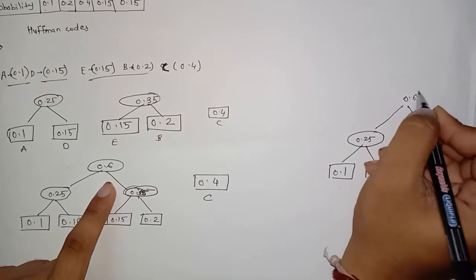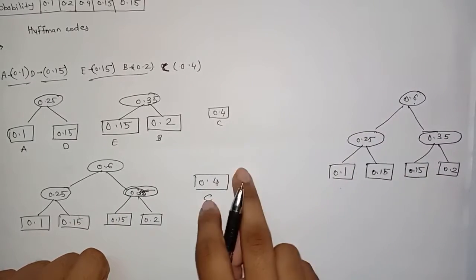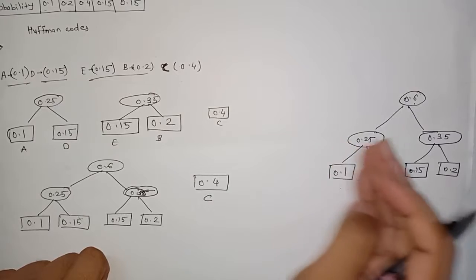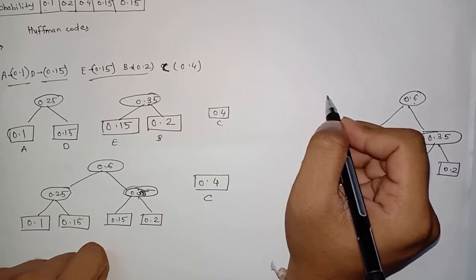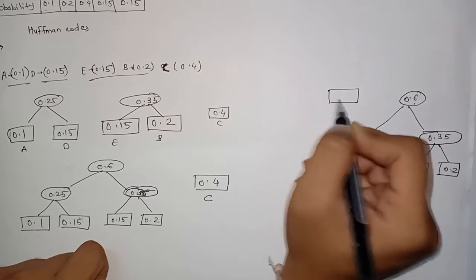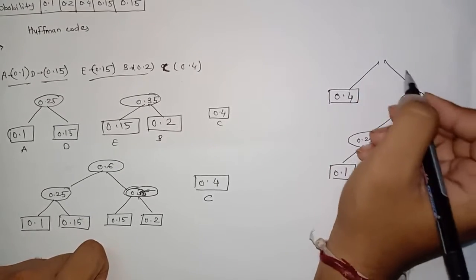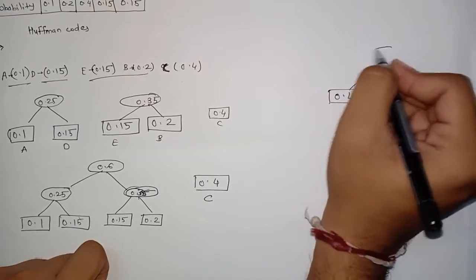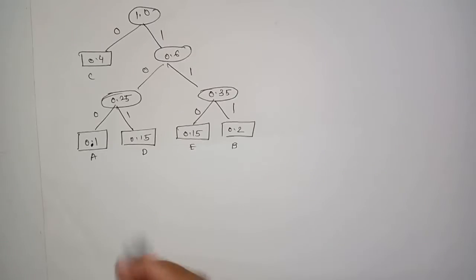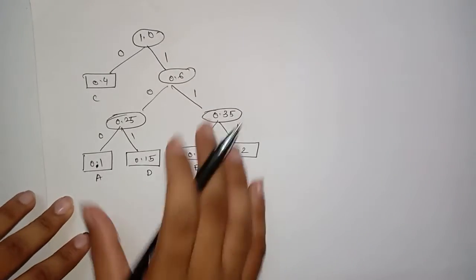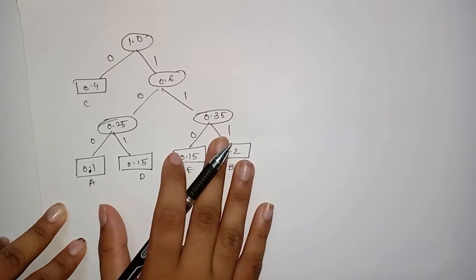Now get the sum of this as 0.6. Now compare 0.6 and 0.4. Which is the greater? 0.6, so it must be on the right side, and 0.4 is on the left side. So write here 0.4 and get the sum of this as 1.0. Here, first of all, assign them the message characters, that is A, D, E, B and C.